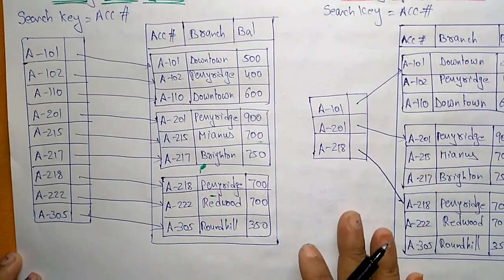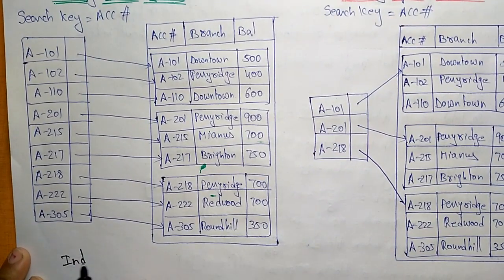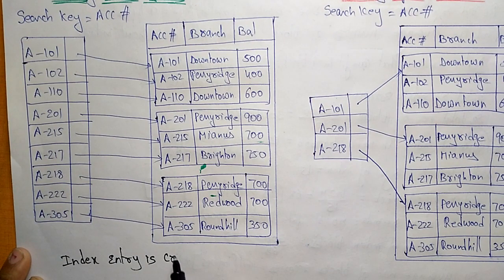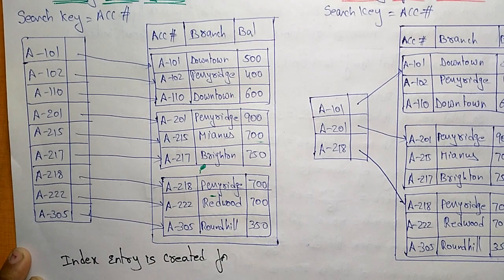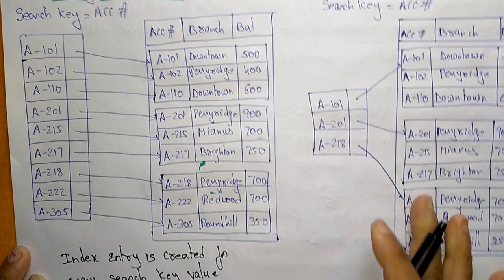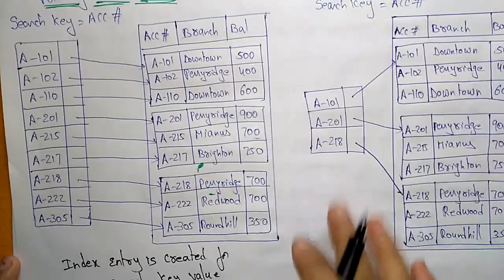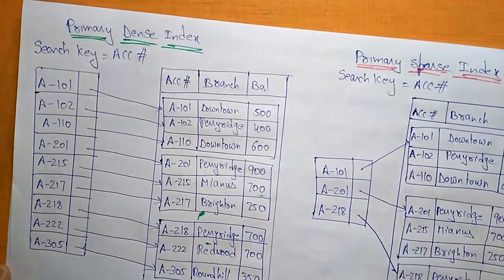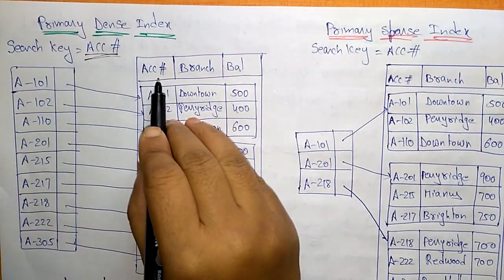As I already said, dense index means an index entry is created for every search key value. So here we have taken the search key value as account, and this is the search key value.